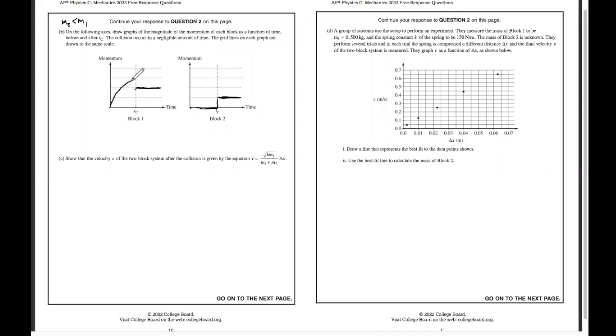It's going to go up, and then right when the collision happens, it'll drop, indicating that there is an impulse being exerted on block 1 by block 2. So that's better. All right, part C, show that the velocity is given by this equation after the collision.